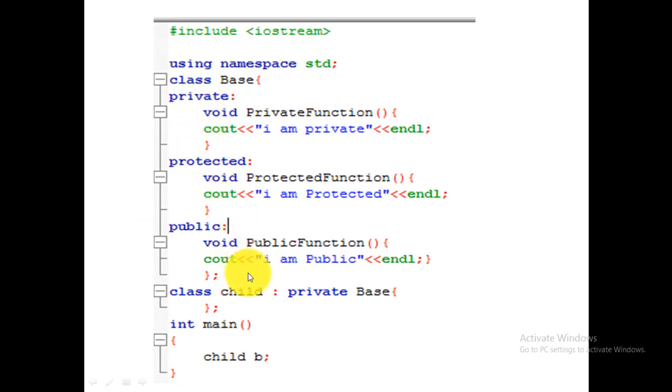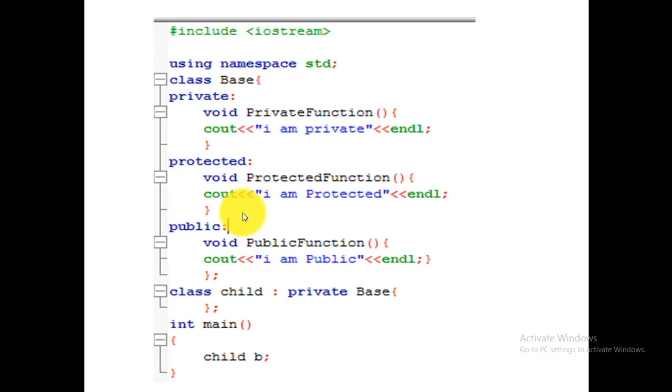Let's understand it. So here in the main section, we simply create an object of the child class as B. If we want to access the public and protected data members and member functions, how can we access these functions outside the class?